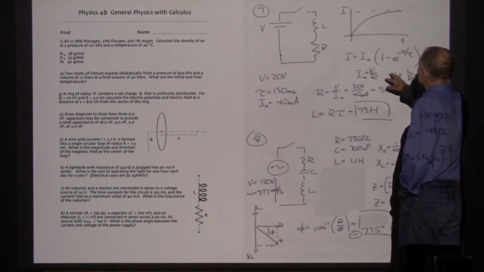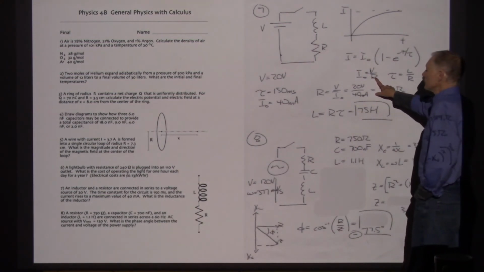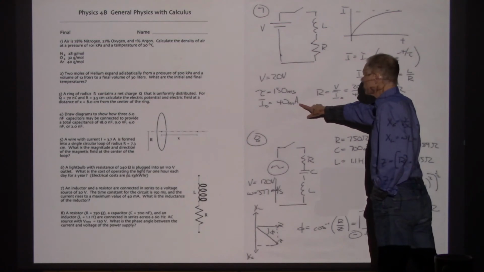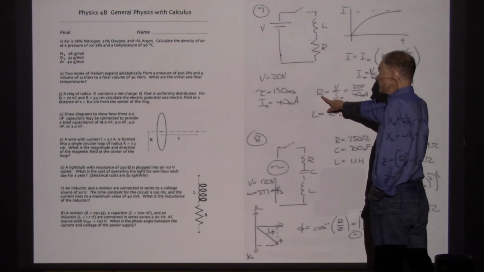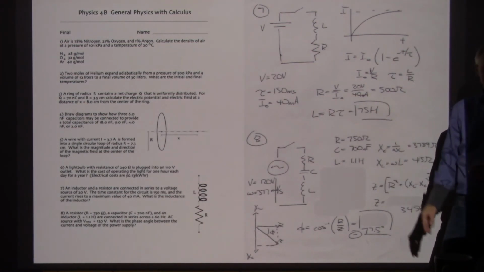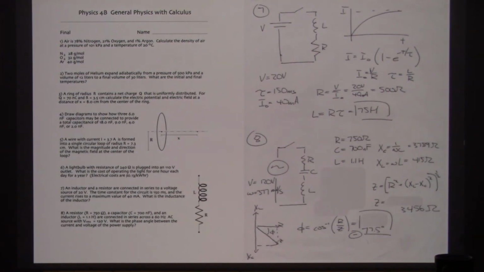So it says that the current rises to a maximum value. The current eventually reaches 40 milliamps. Now that's going to tell me what the resistance is. Once we close the switch and operate this circuit, it's going to asymptotically approach a final current. And once the current settles down, it's like the inductor's not there.